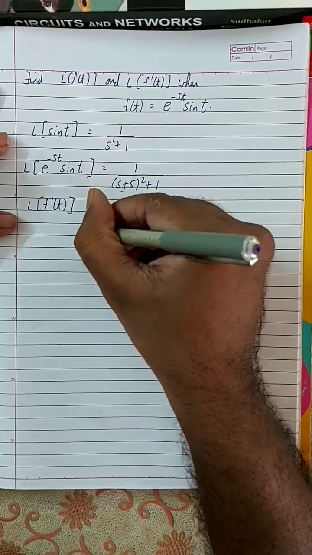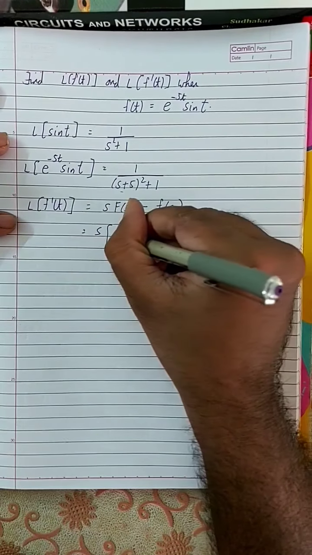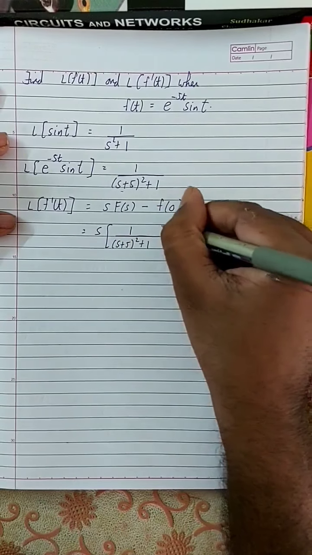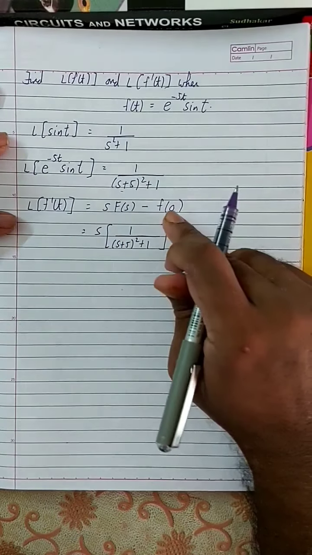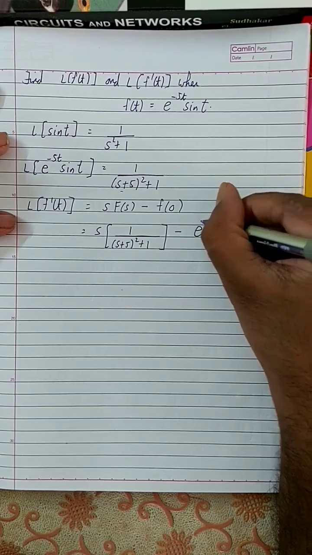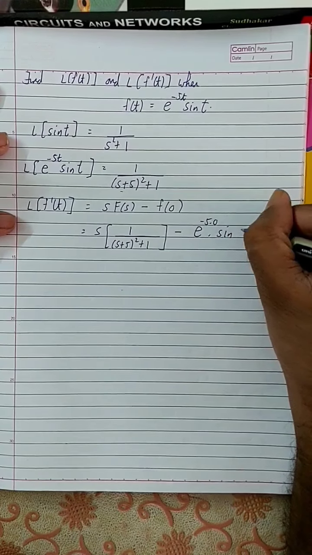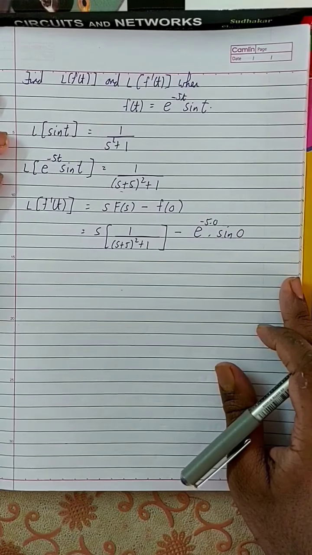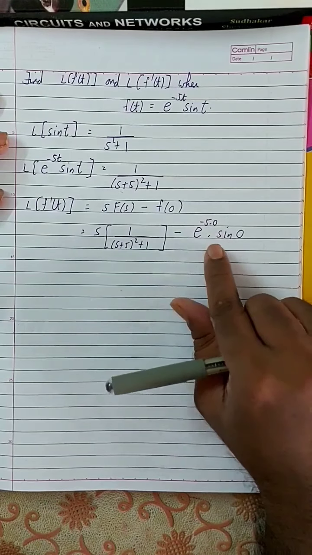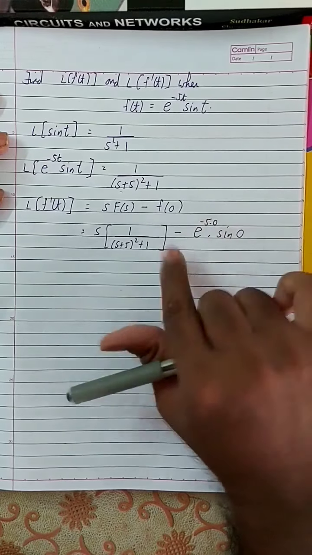So this is equal to s into 1 by s plus 5 the whole square plus 1, minus e raised to minus 5 into 0 into sine 0. E raised to 0 is 1, but sine 0 is 0 itself, so this will become 0. Therefore this is your answer.